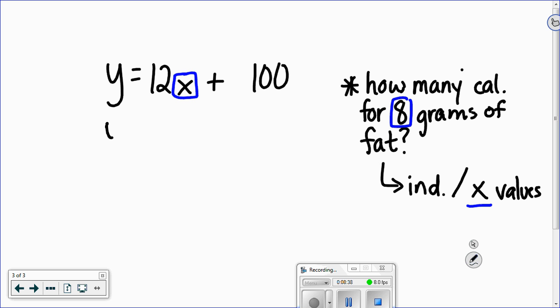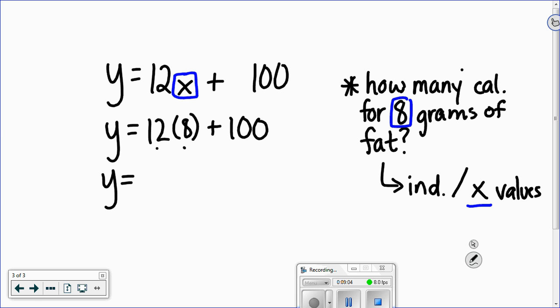In my equation, my linear model, I'm going to replace my x with 8 grams of fat. So now I have y equals 12 times 8 plus 100. If we think about this for a second, remember that our slope meant that for each gram of fat, there are 12 additional calories. So if I have 8 grams of fat, I'm going to multiply that by 12 calories. So y equals 12 times 8.